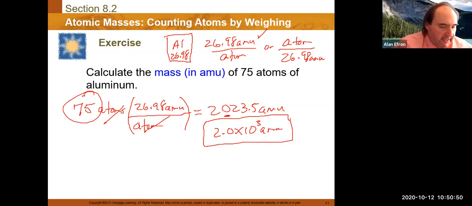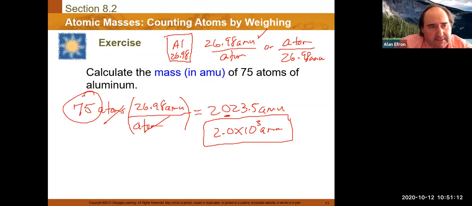Question on that calculation. So this is one way that we could use those numbers that we see on the periodic table as the atomic mass. And one unit that you could use is AMU per atom. Although, as we'll talk about in just a second, we don't use AMU all that much after we get to molar mass. We usually use it in grams per mole.